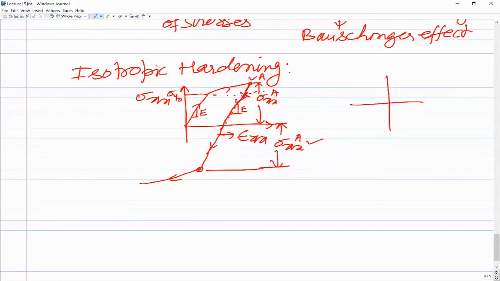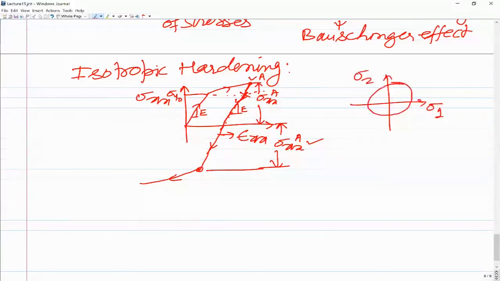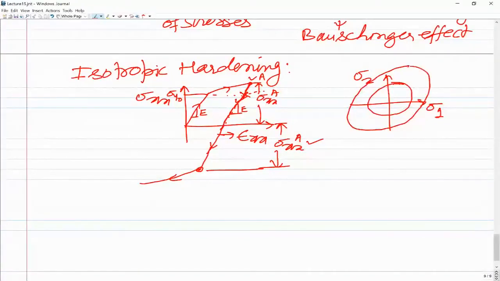Now if you have the biaxial state of stress, and if I represent the yield function using the von Mises yield criterion, you have principal stress sigma 1 and principal stress sigma 2 space. So the initial yield surface would be an ellipse like this, and then subsequently when the material has undergone elastoplastic deformation, the subsequent yielding will take place at a higher stress.